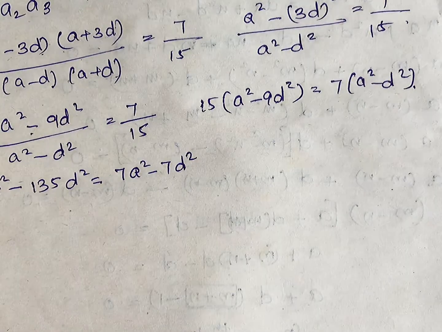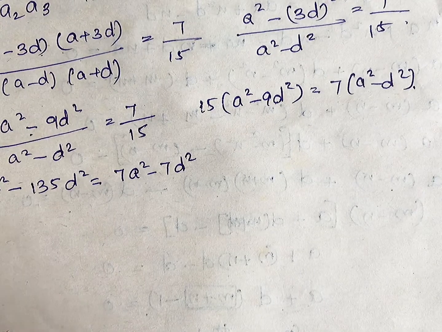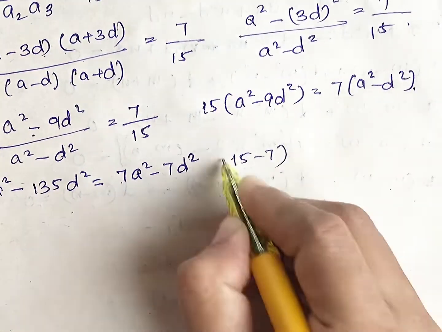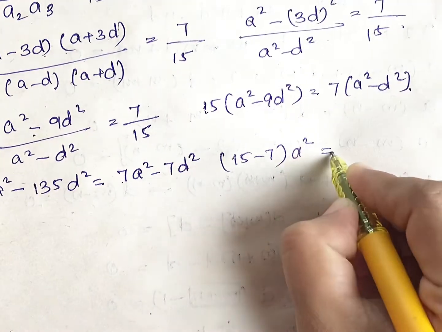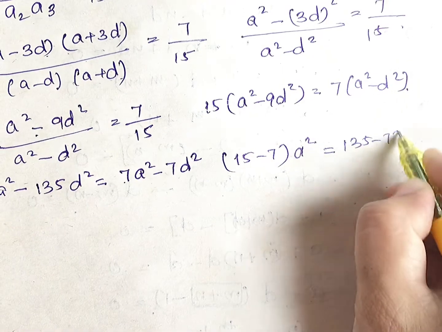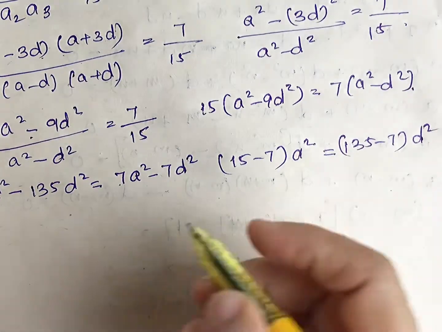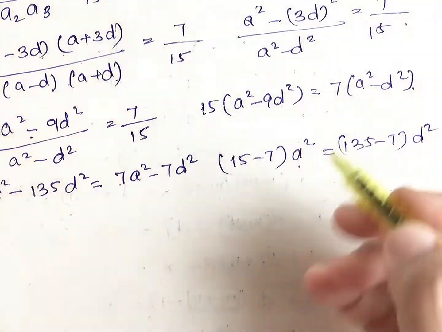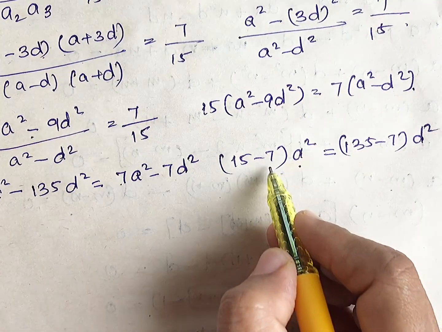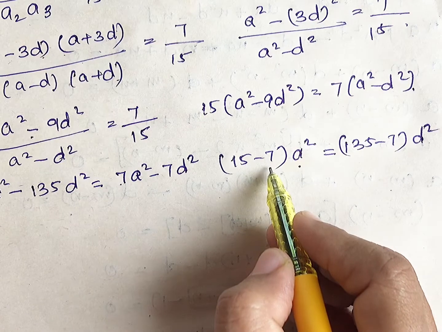On taking the terms with a square on one side and d square on the other side, we'll get 15 minus 7 into a square would be equal to 135 minus 7 into d square, right? We already have a equal to 8. Therefore 15 minus 7 is equal to 8.